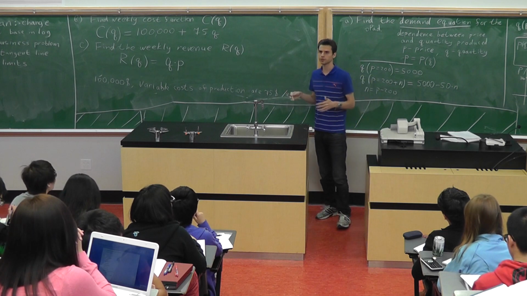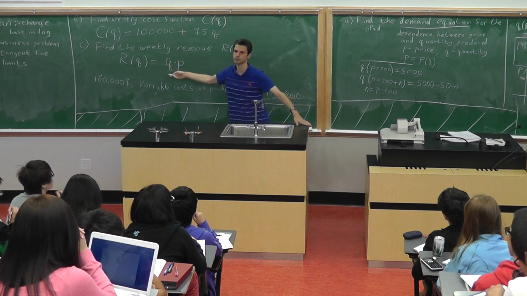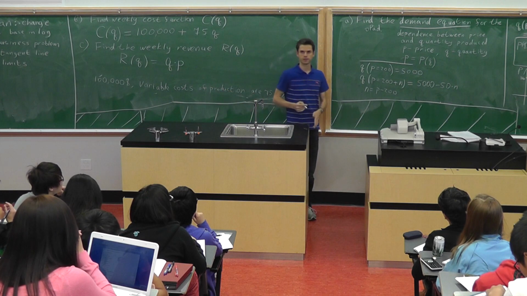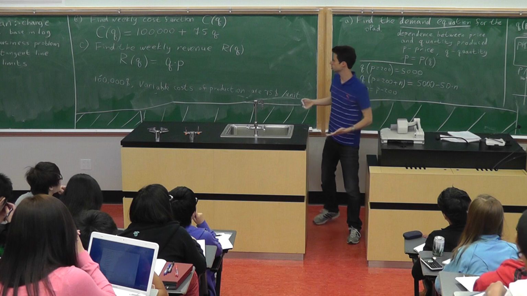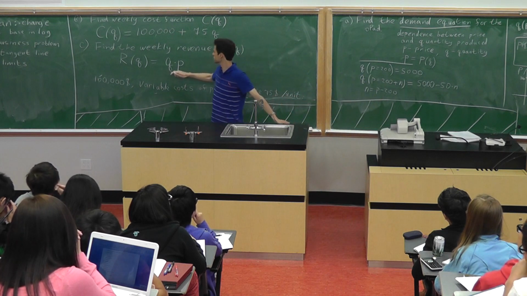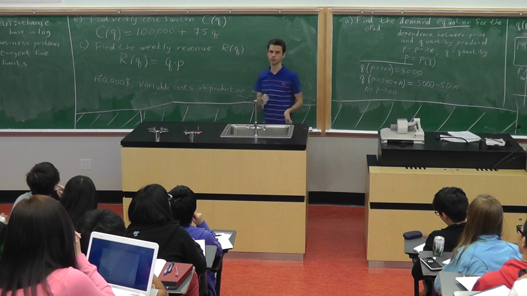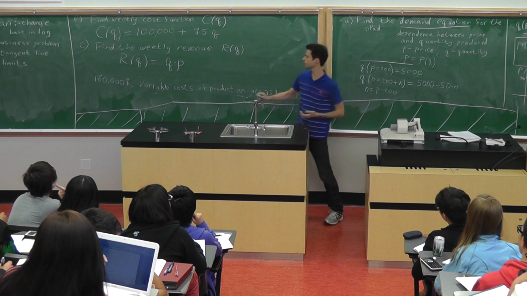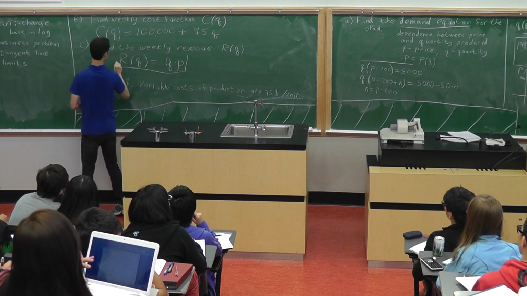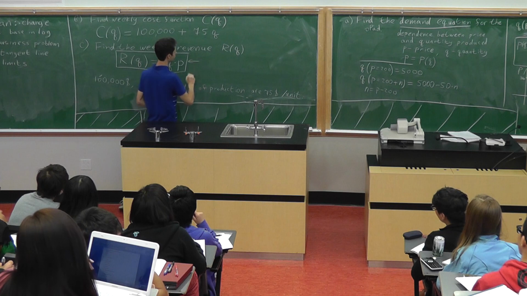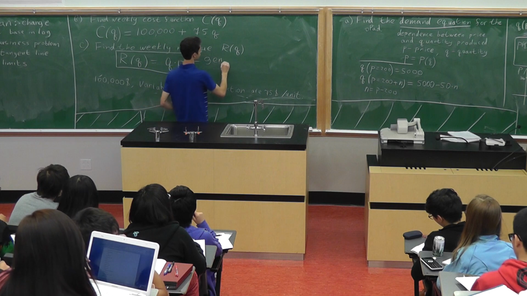But in general, we don't really know how many units you will sell. So the general equation is just the number of units times the price for each unit. So this part is very, very general. It's not problem specific, it's just common sense.